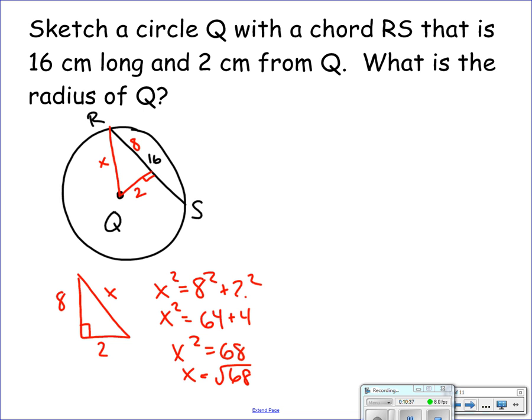There's a perfect square that I can pull out of there, because 4 times 17 is 68, so that's 2 root 17, because I'm pulling out the perfect square of 4. And let's make sure we have units in there, centimeters.